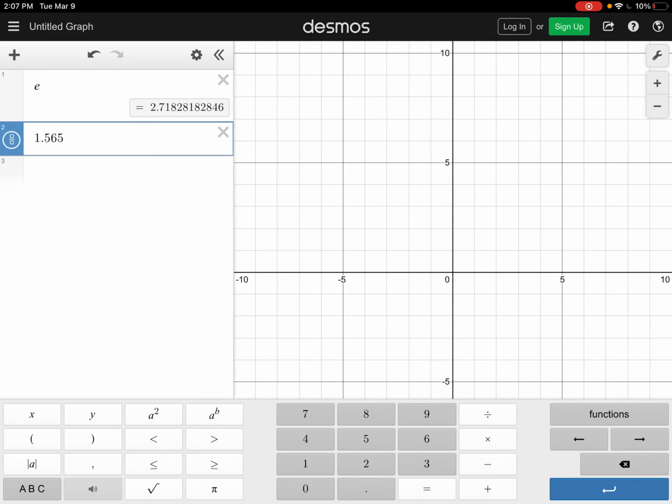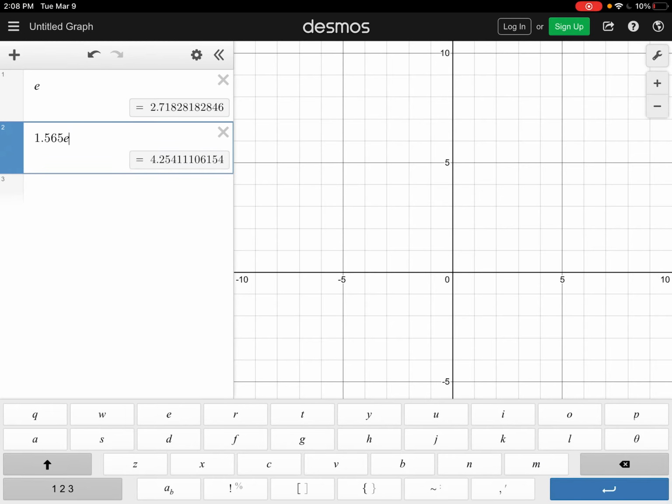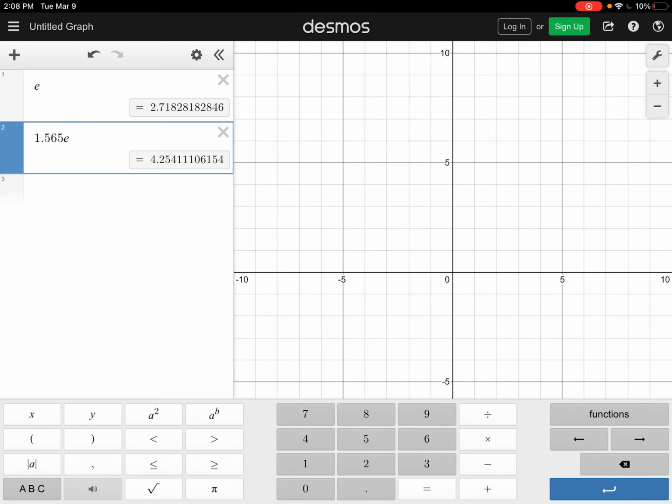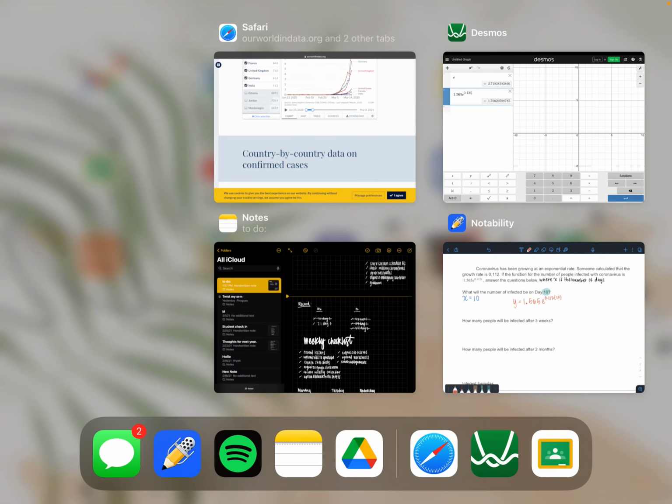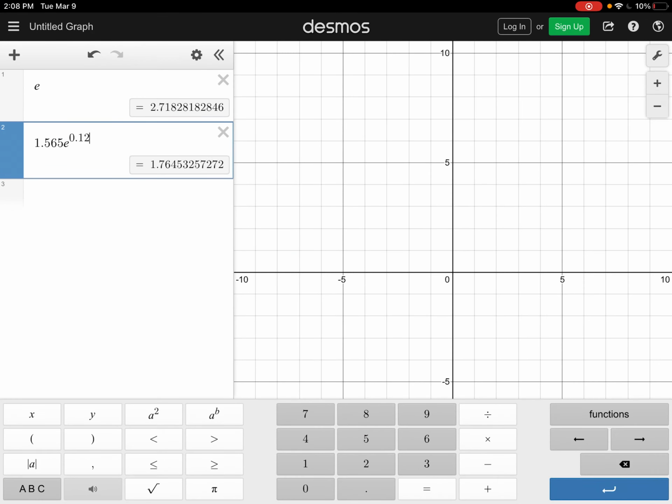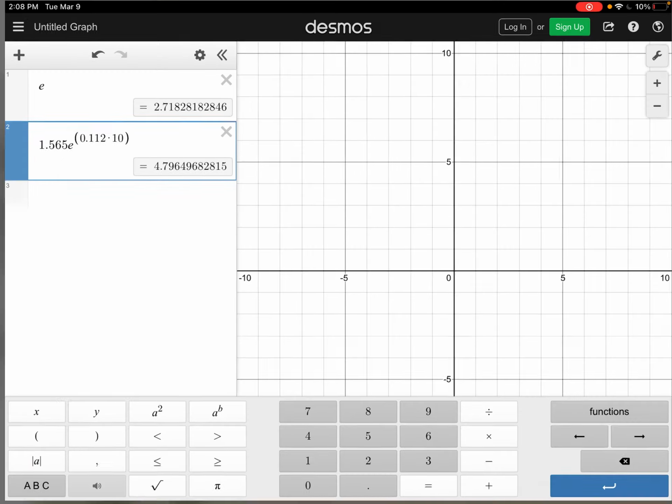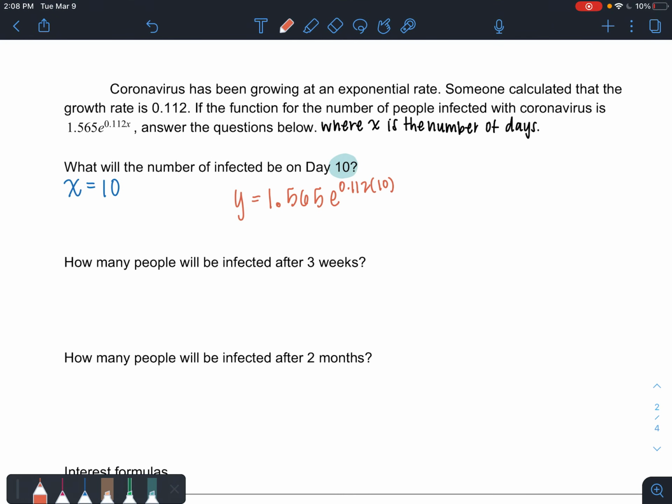We have 1.565 e to the 0.112 times, and we have to actually put this in parentheses, otherwise it will not let us multiply, times 10, close our parenthesis, we get 4.79.